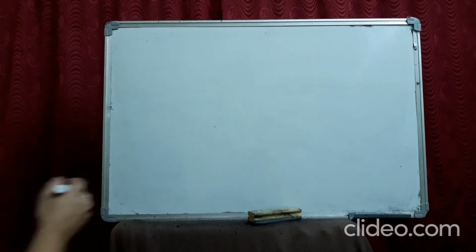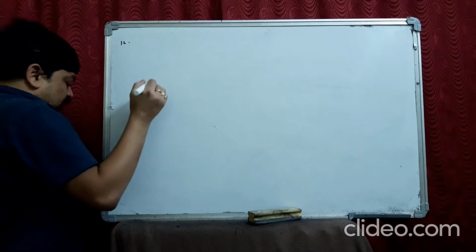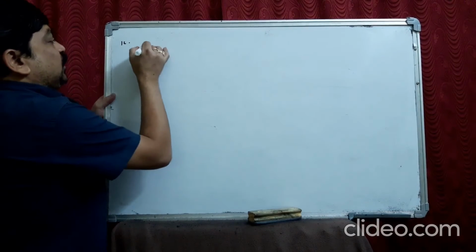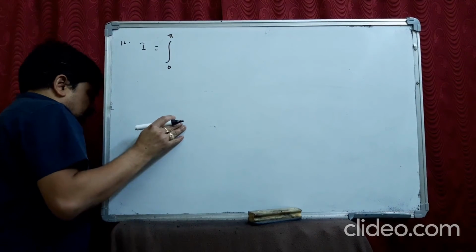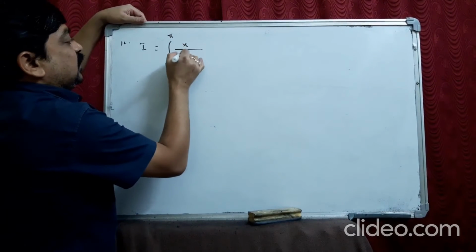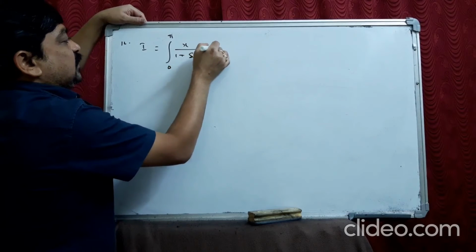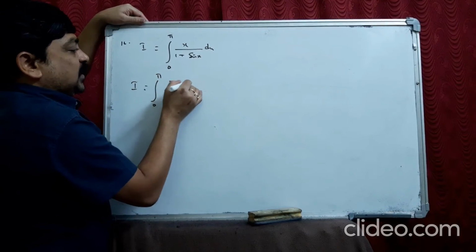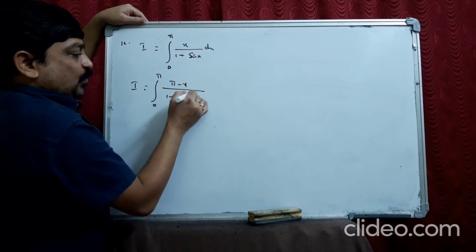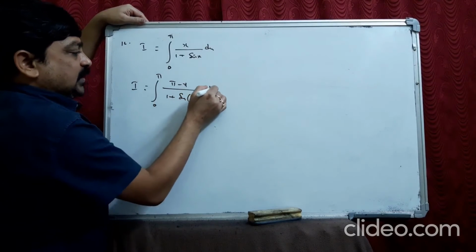You get the 12th question. I is equal to the integral from 0 to pi of x by 1 plus sin x dx. Let us apply the property from 0 to pi: in the place of x let us write pi minus x, over 1 plus sin of pi minus x dx.